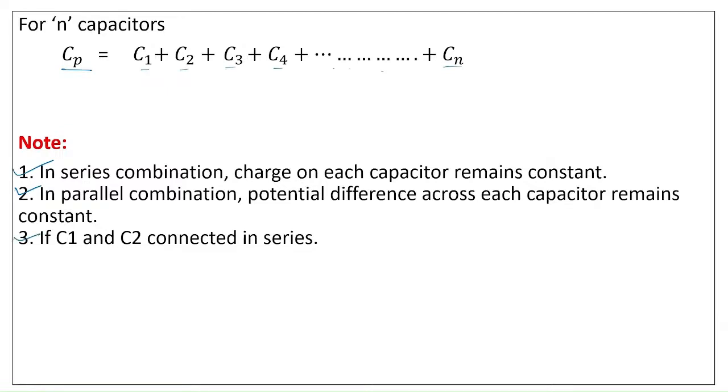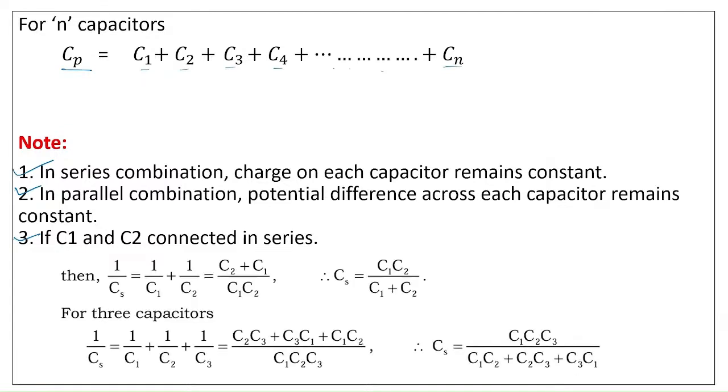If C1 and C2 are connected in series, then 1 by Cs is equal to 1 by C1 plus 1 by C2. Just cross multiply C1 C2, we get C2 plus C1 by C1 C2. Therefore, Cs is equal to C1 C2 by C1 plus C2.